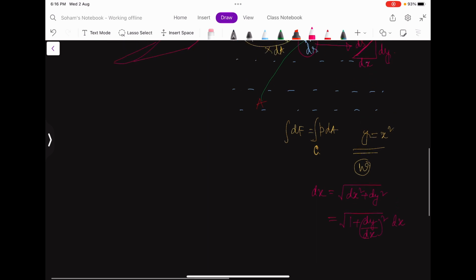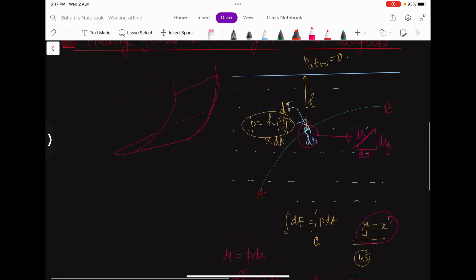Sorry, just a silly mistake, this is ds. So then dF equals p into ds, and p equals h rho g, so h rho g into ds. That will be equal to h rho g into root of 1 plus, and if you are given the curve equation as y equal to x square, then dy by dx equals 2x. So that will be root of 1 plus 2x square into dx.